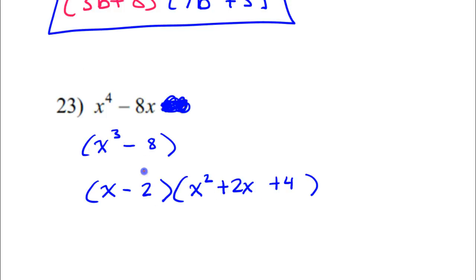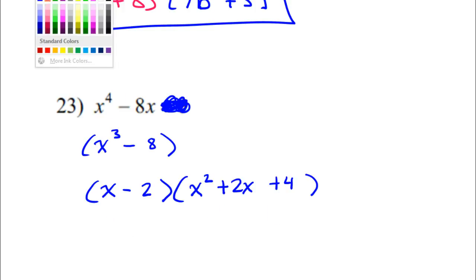Compared with the original problem, this sign is always the same, this one's the opposite, and this one is always positive. So we call it the SOAP rule to help us remember the signs. Same, opposite, always positive. So this is the answer except for one thing.